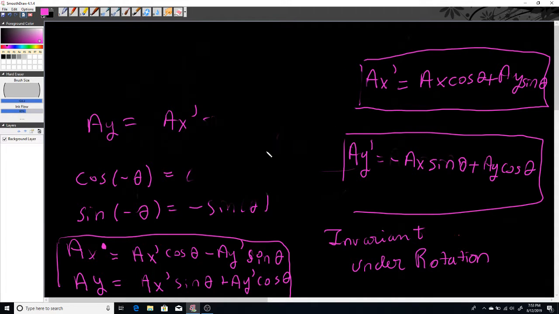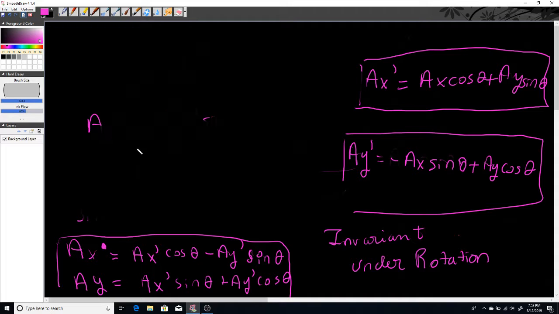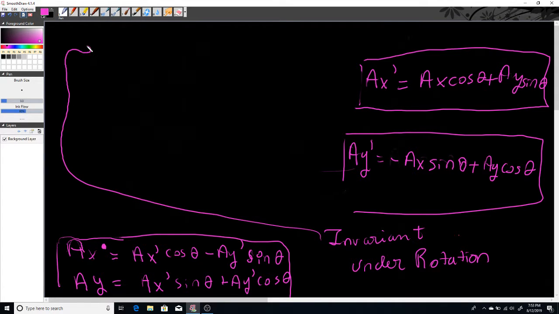Try not to erase what's boxed up. And because the brush size is very big, I try to make sure that I don't erase what I need. Right, now this idea of invariant under rotation basically means that the following has to be true.